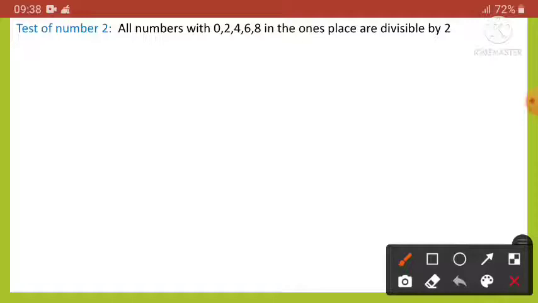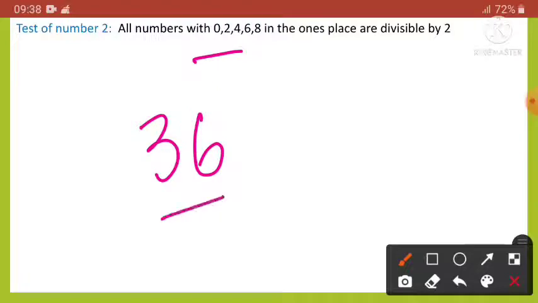The rule is all the numbers with 0, 2, 4, 6, 8 in the ones place are divisible by 2. If I take a simple example, suppose I am taking the number 36.